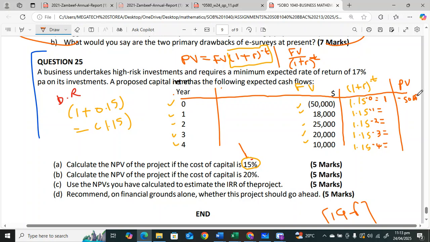We've just multiplied our value, this negative 50,000, with this 1 here. We're just going to be multiplying this FV column with this 1 plus r to the power negative t column. That's all that's going to be happening here.